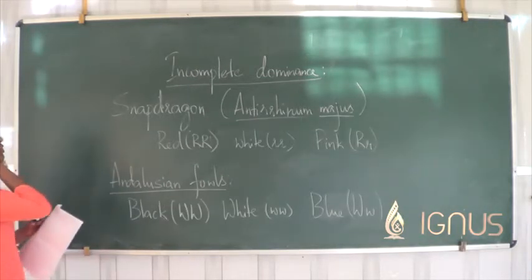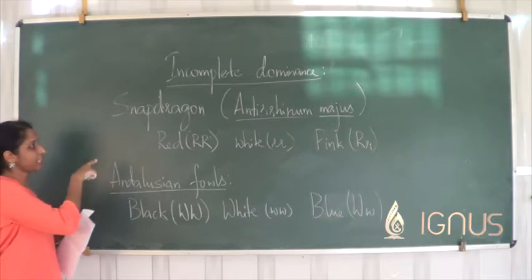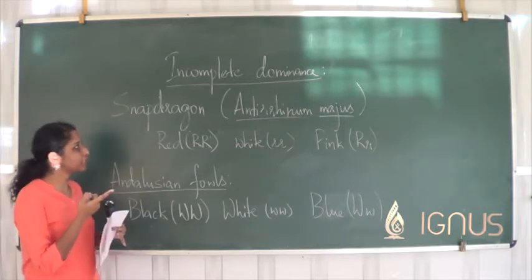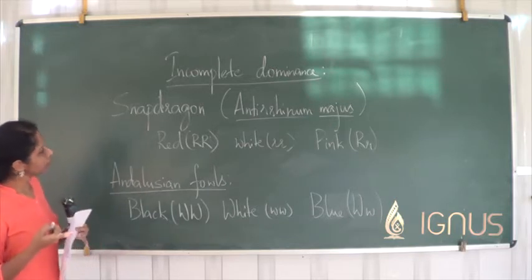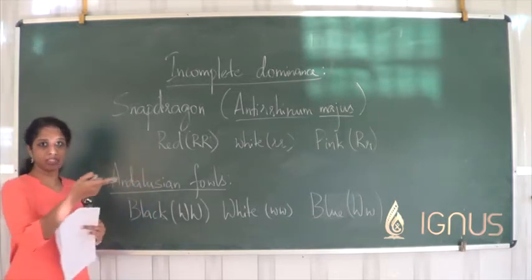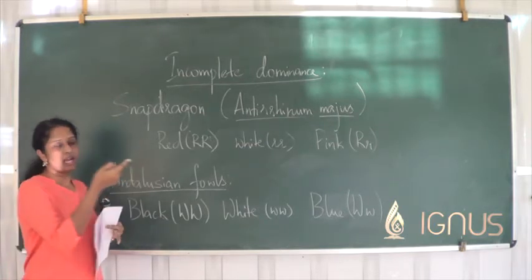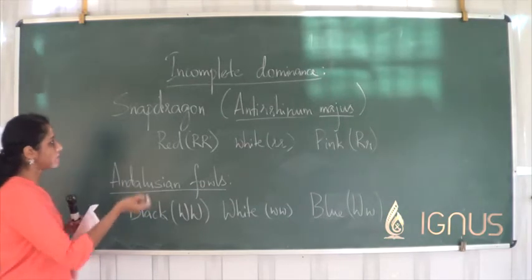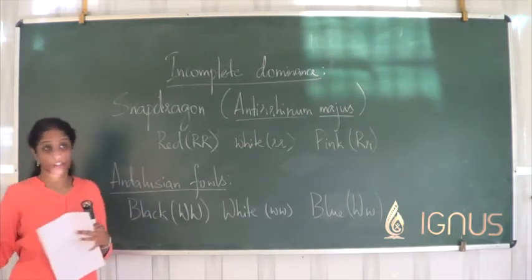Other examples of incomplete dominance are snapdragon, which is a flowering plant, with the scientific name Antirrhinum majus. Like Mirabilis jalapa, it has red and white flowers as the dominant and the recessive, and in the F1 generation you have pink flowers because the dominant gene is not completely dominant.